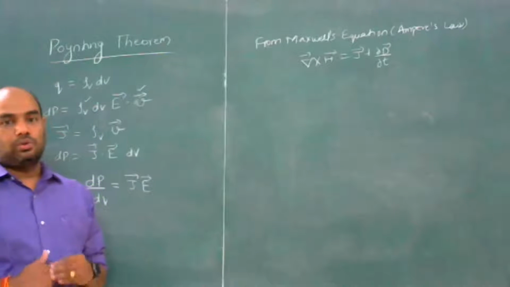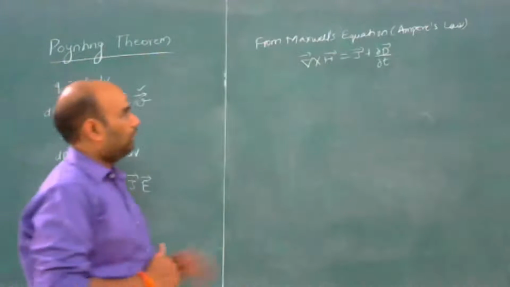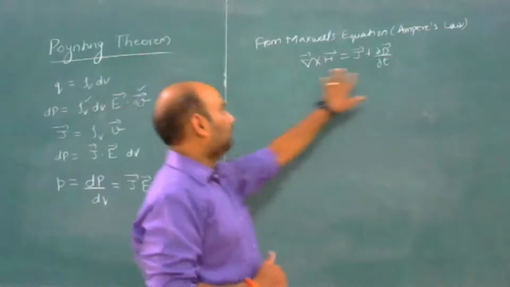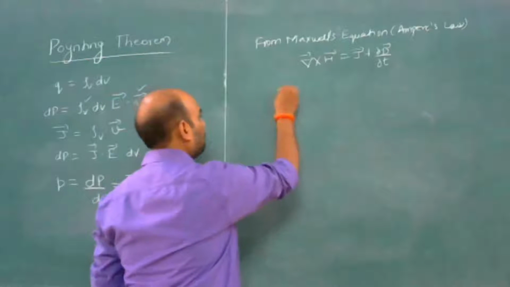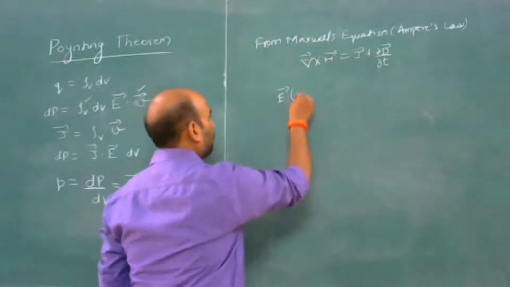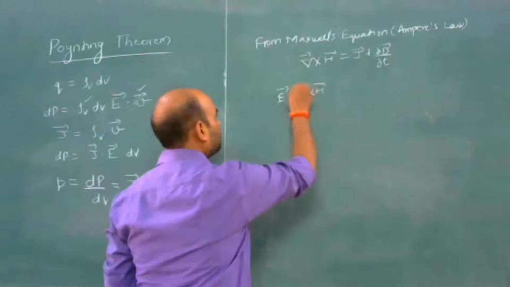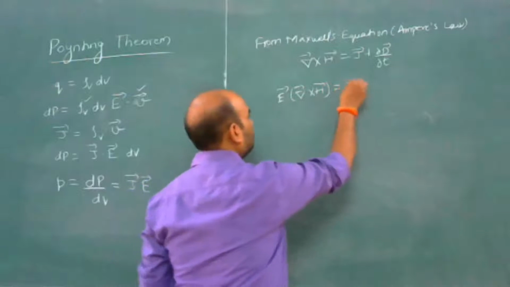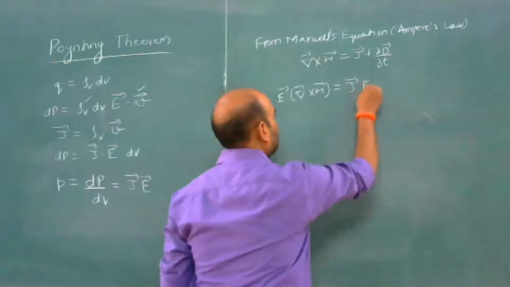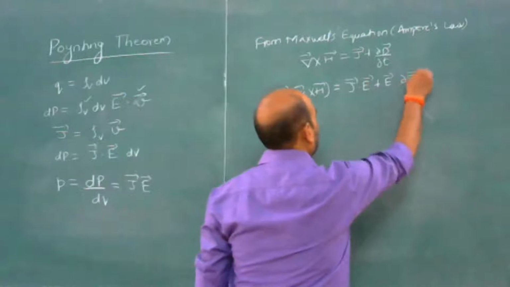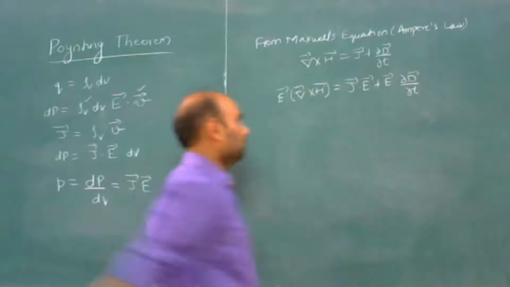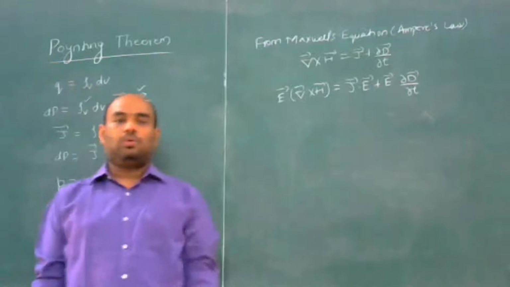Now we will take the dot product with vector E. Vector E dot curl of H is equal to J dot E plus E dot del D by del t.